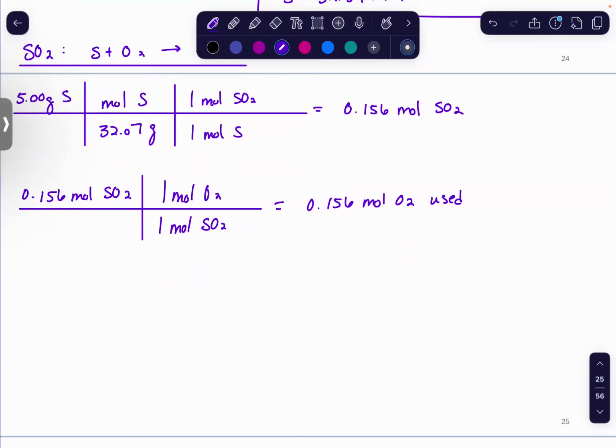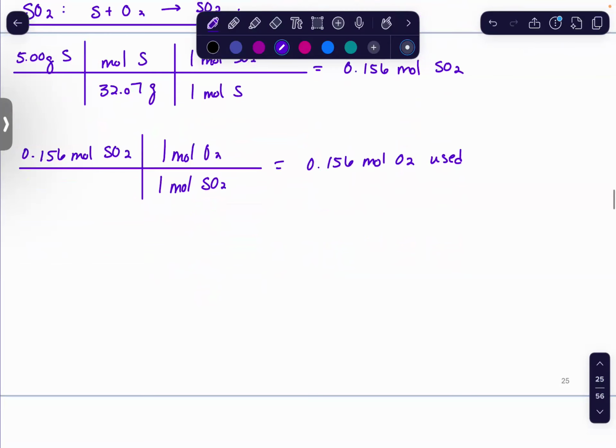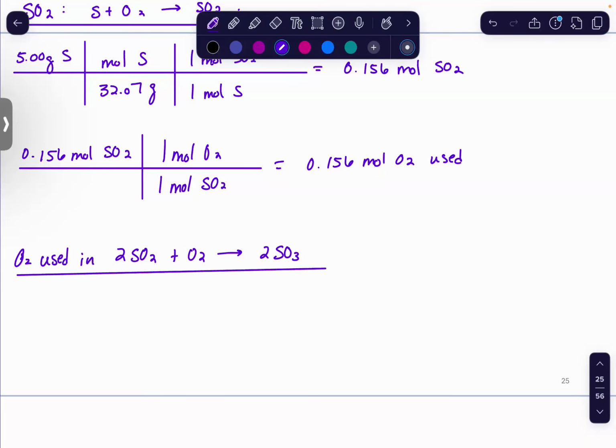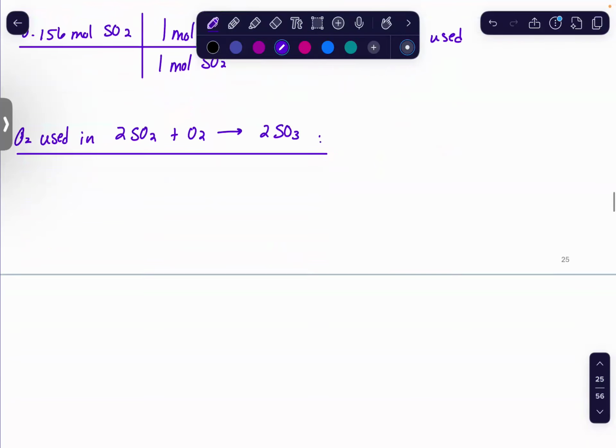Now, we're going to have to hold on to the moles of O2 used. We're going to take this moles of SO2 produced, and we're going to say how much O2 is used in our 2 SO2 plus O2 is going to give 2 sulfur trioxide. Okay.